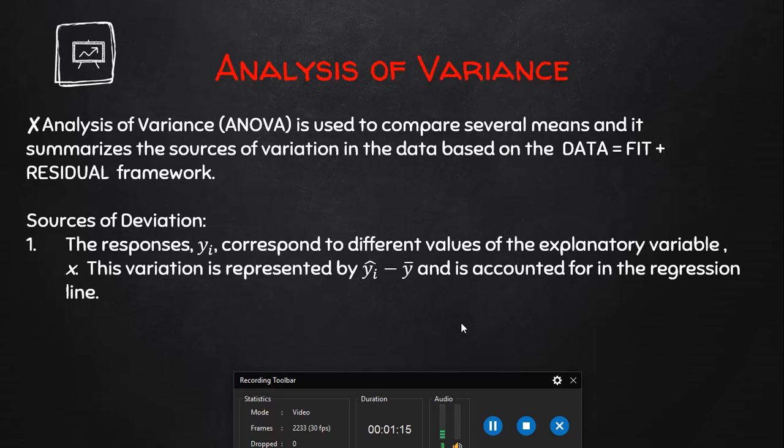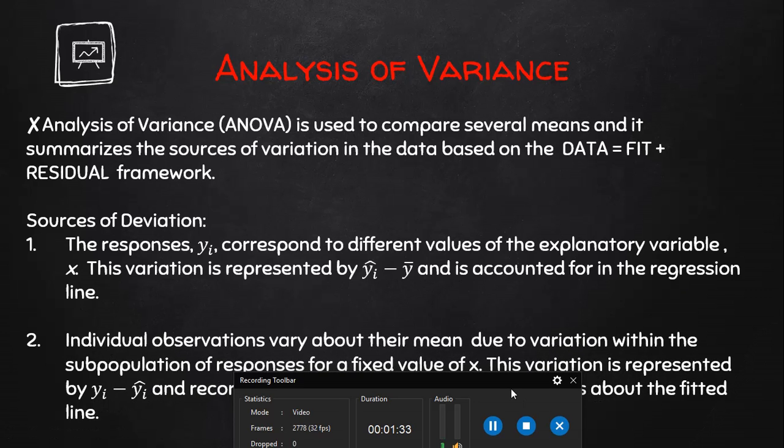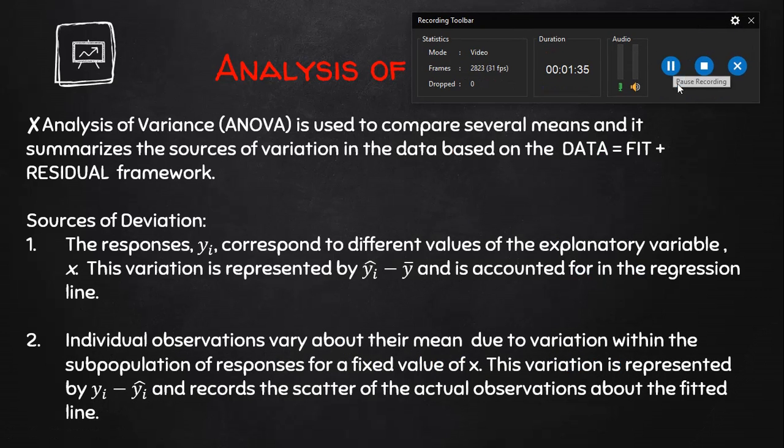When you look at each subpopulation or explanatory variable X, we're looking at the response variable. Of course, there's going to be some variation present, and this is because of the regression line being fitted to the data. Our second source of deviation comes from individual observations themselves.